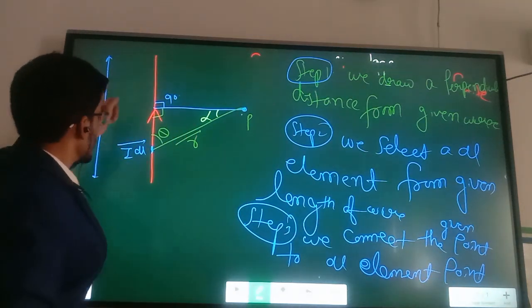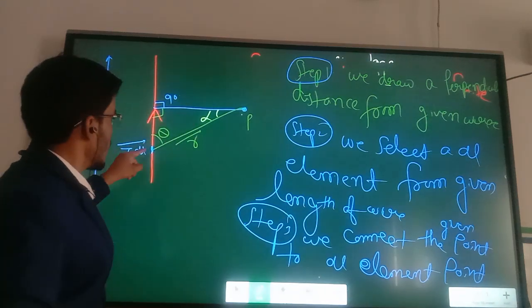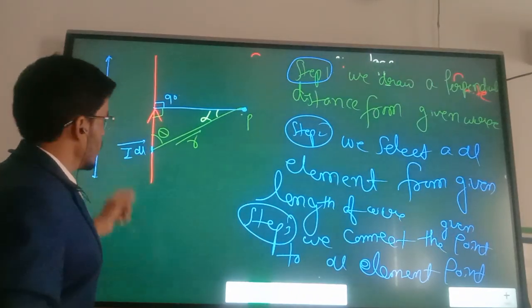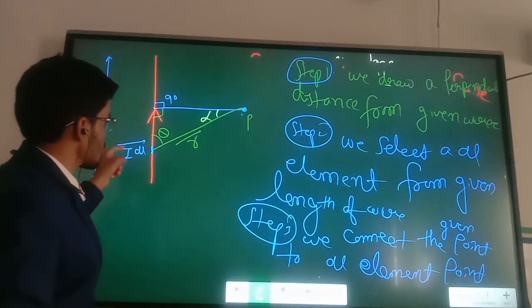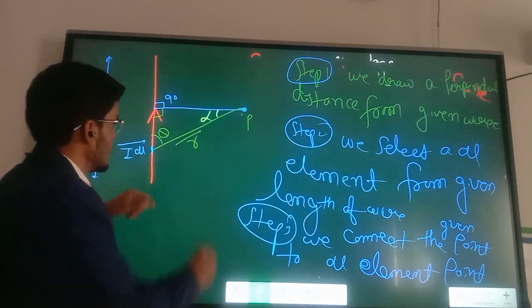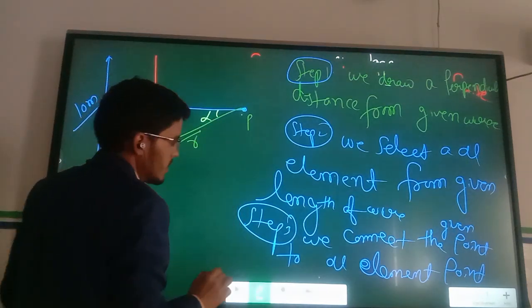Suppose the length is 10 meters. Actually dl is not a vector, so for making a vector we multiply it by current. So I dl is the current element, and both are vectors. Now this is angle alpha, this is angle phi.